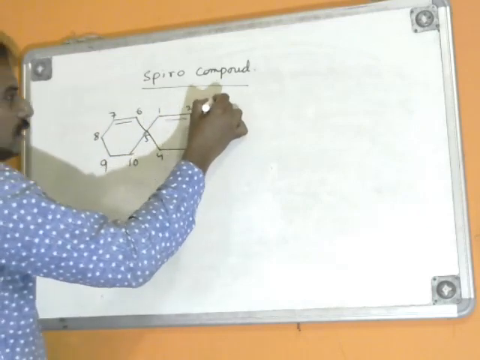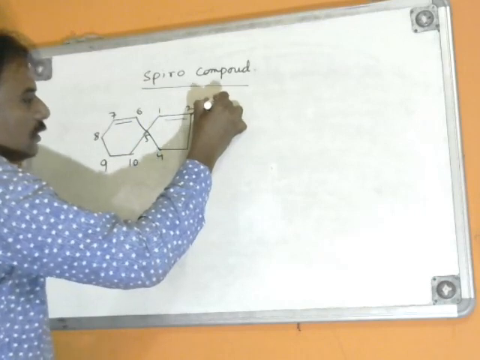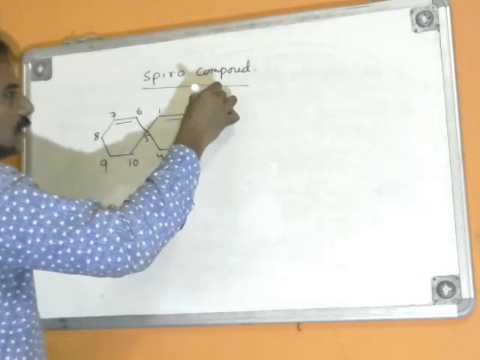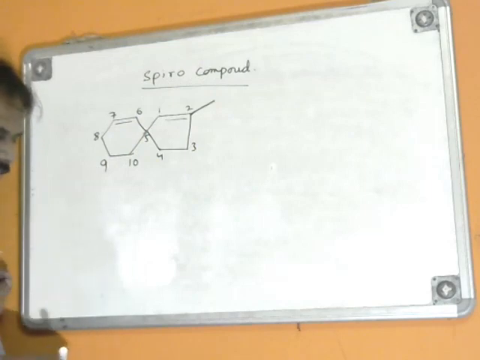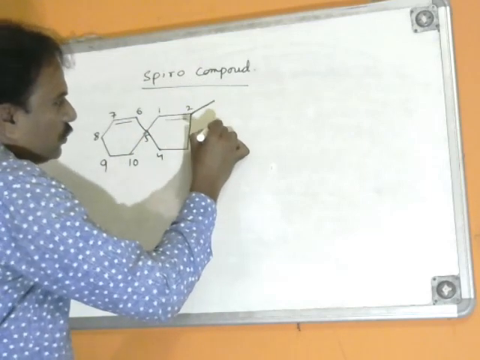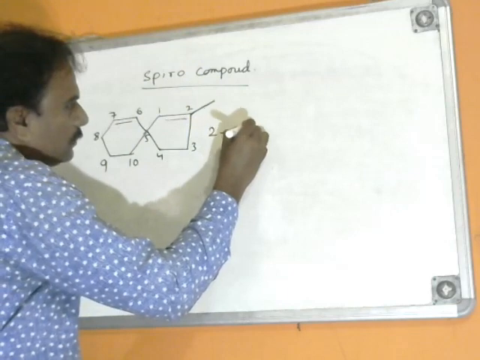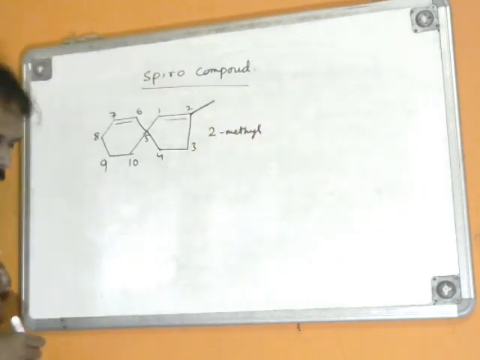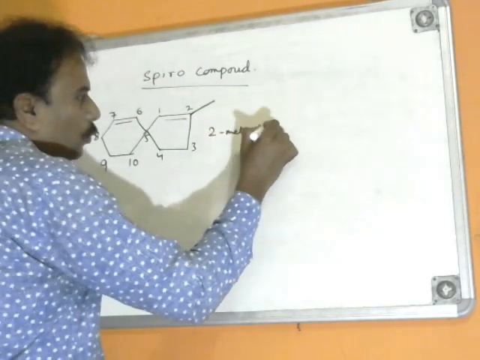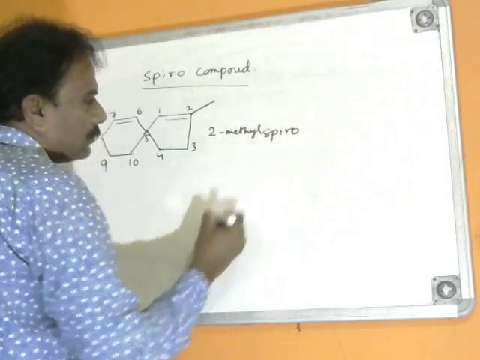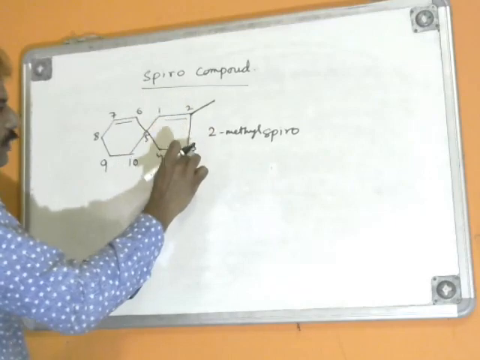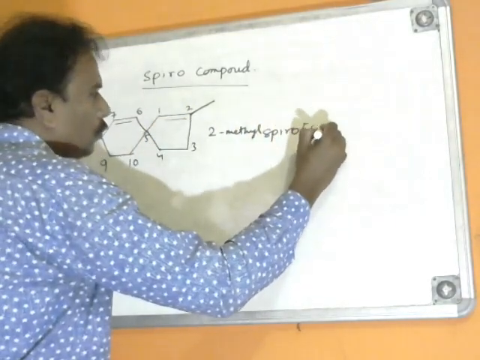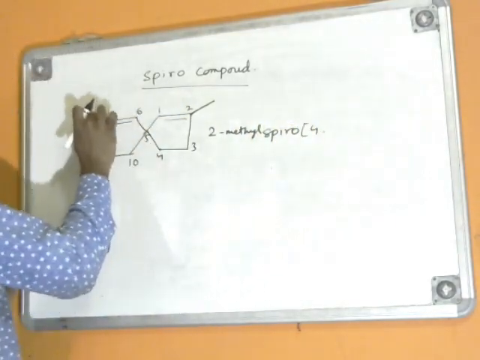First the substitution, that is a methyl substitution, because here nothing is here, so that is a carbon with 3 hydrogens, so methyl. So the methyl substitution is in 2 position, so 2-methyl spiro. The compound is spiro, and how many carbons are present? 1, 2, 3, 4. So spiro 4 dot here 1, 2, 3, 4, 5.